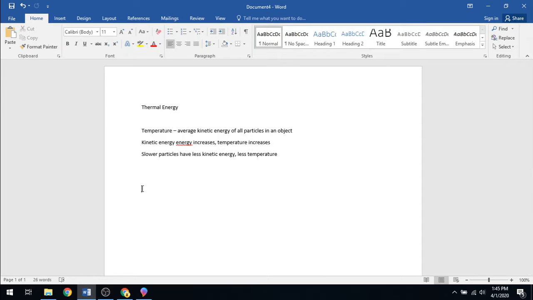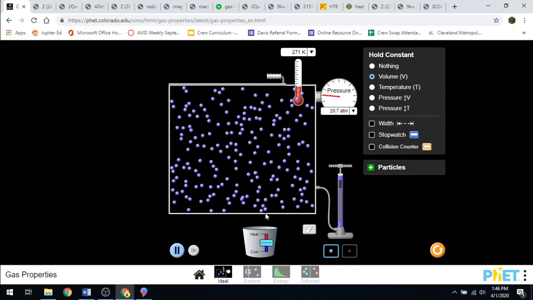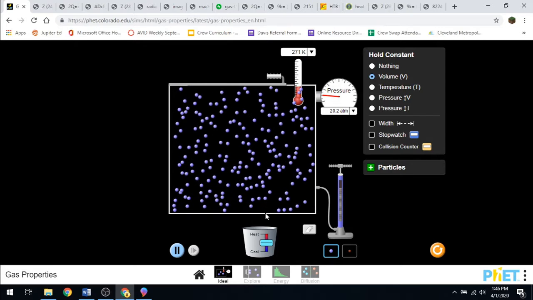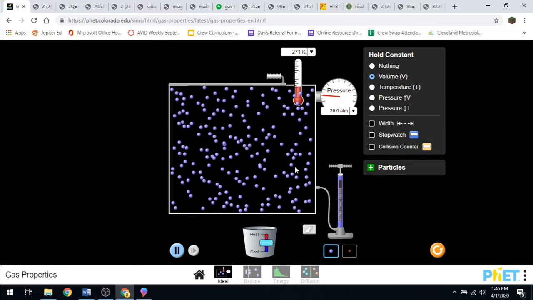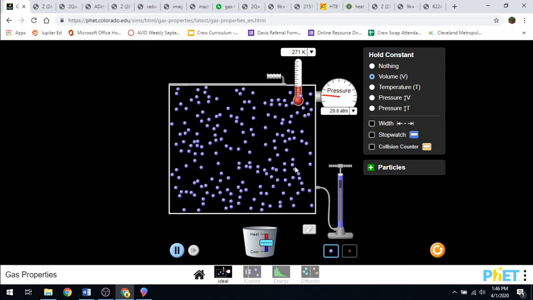Okay, so what does temperature have to do with thermal energy? Well, thermal energy is the total energy of all the particles in a material. So to go back to our little box with some gas in it, the total energy of all these particles is what we call thermal energy.